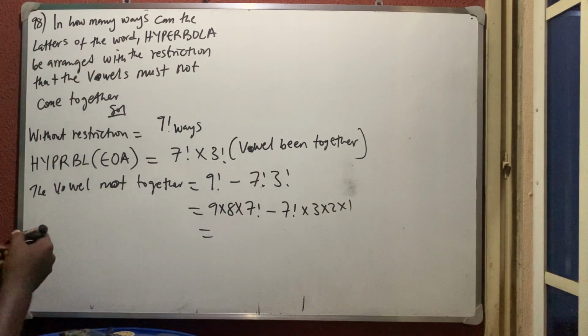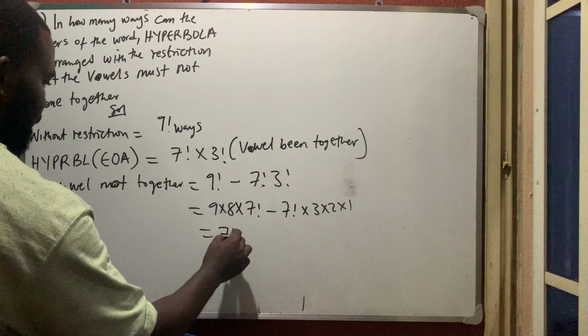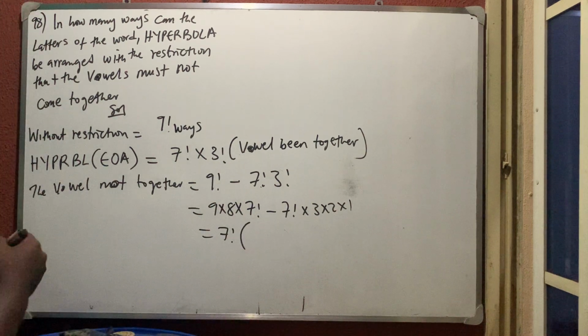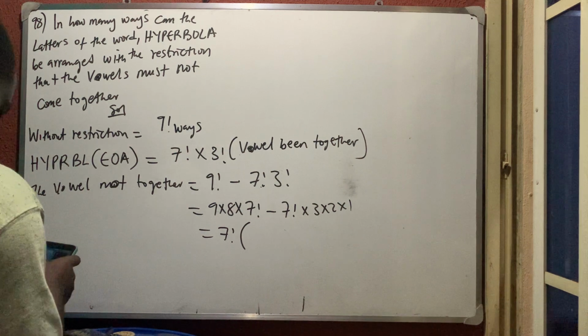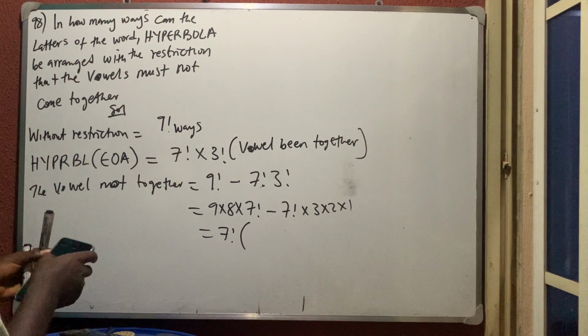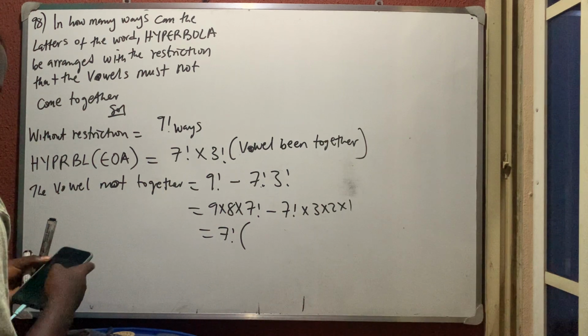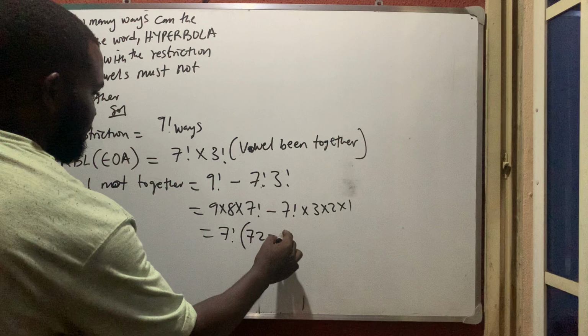So what do I have? They have 7 factorial in common. So I am left with 9 times 8, which is 72, minus 6.